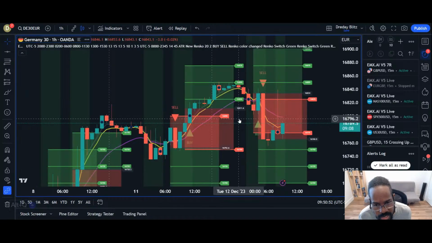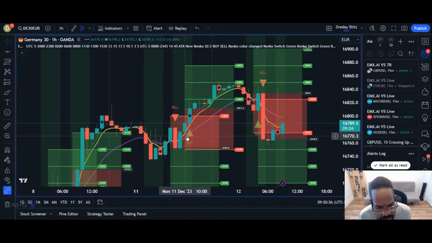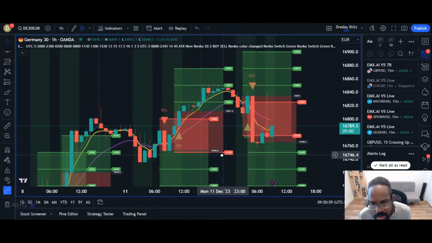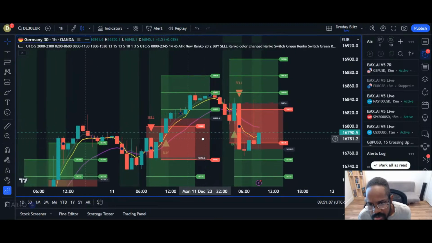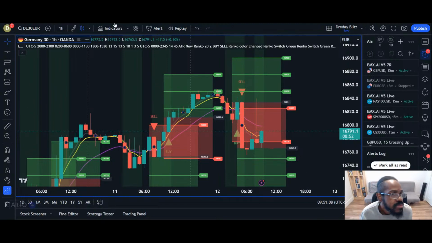I didn't change my settings here, but there was a buy on Monday, there was a sell at 5 o'clock, but then it didn't do that much. So let me know exactly when you took that trade and at what time.